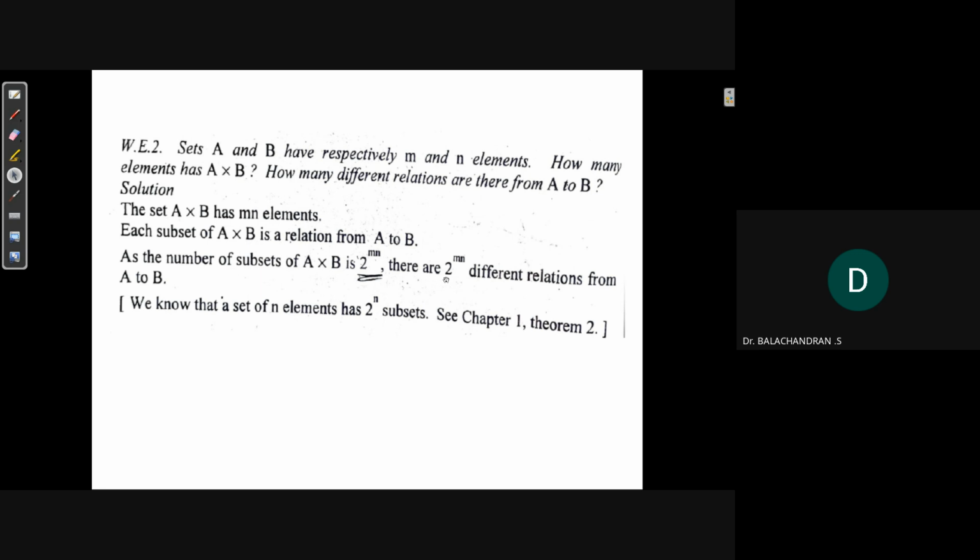So there are 2 power mn different relations from A to B. That is the answer.